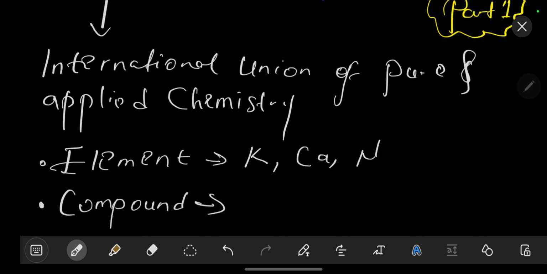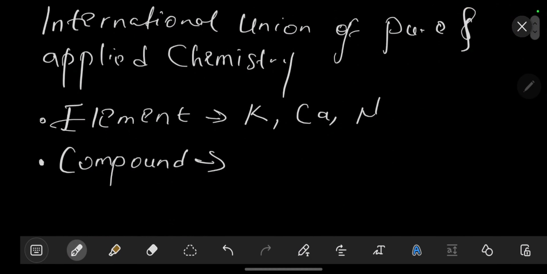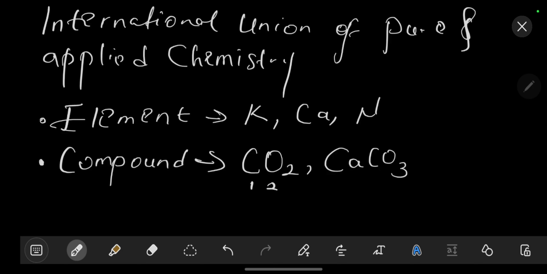But compound, what exactly is a compound? A compound talks about a chemical combination of 2 or more elements. So it means to form a compound, we must have at least 2 elements or more. For example, CO2, this is a compound. Why? Because I have carbon being element 1, and oxygen being element 2. Another example of a compound is CaCO3.